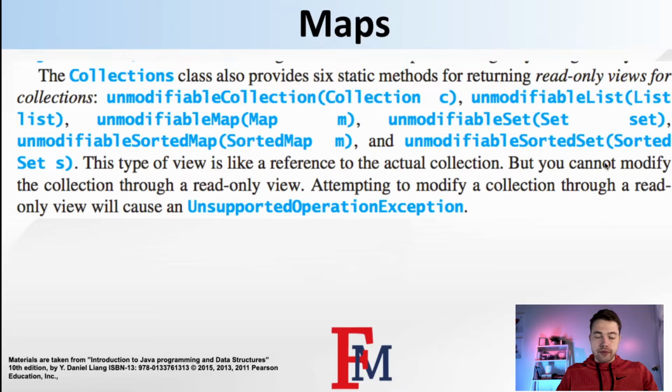Read-only is also a term in computer science meaning you can only read, but you cannot write to it or delete it. Attempting to modify a collection through a read-only view will cause an unsupported operation exception.